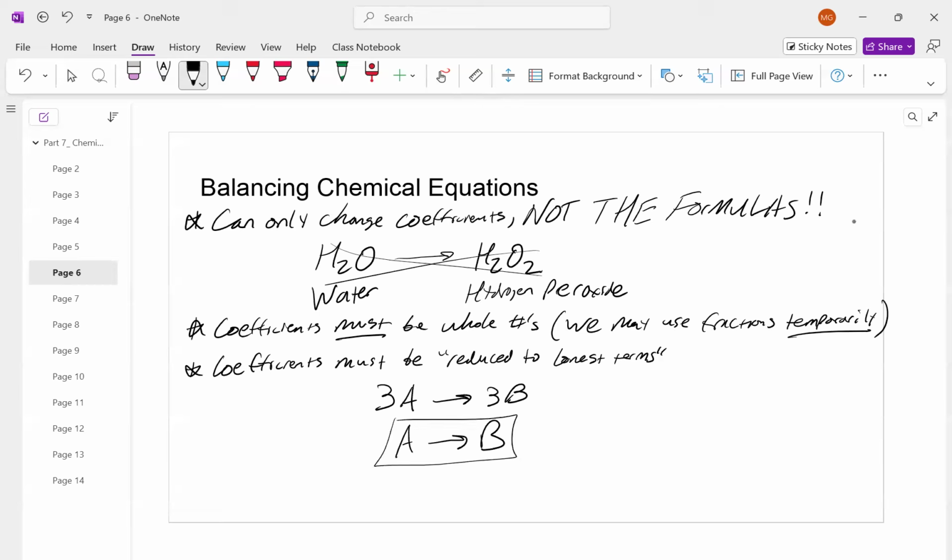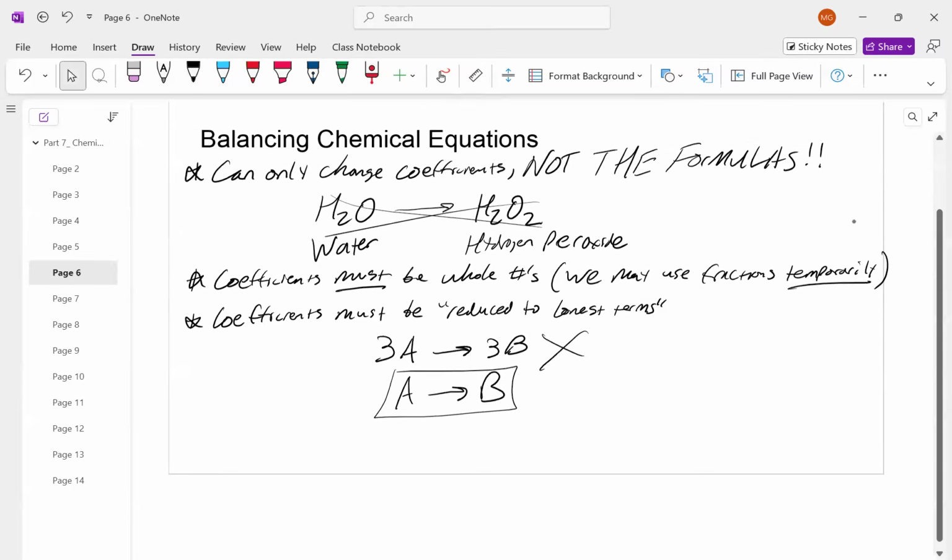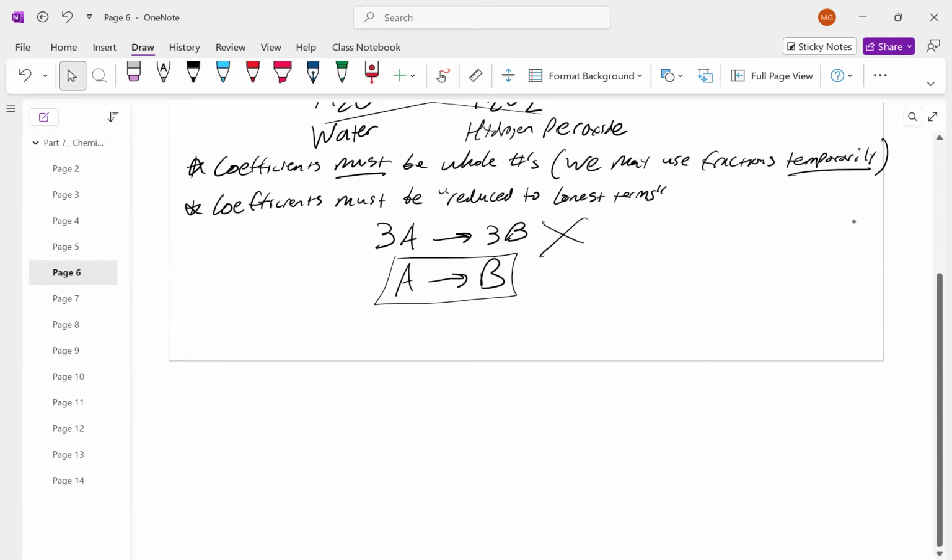This is a correct one. This is not. All right, so let's do a quick example of this and go through the process. I'm going to do a ton of this, so you'll have a lot of opportunity to get this down.